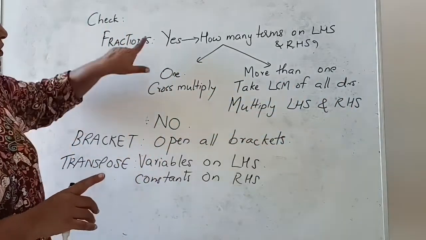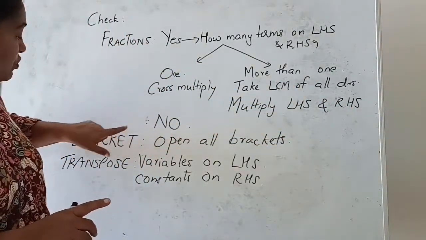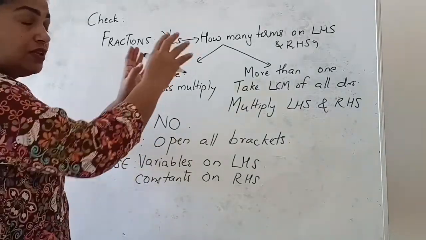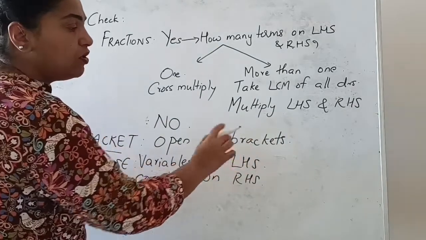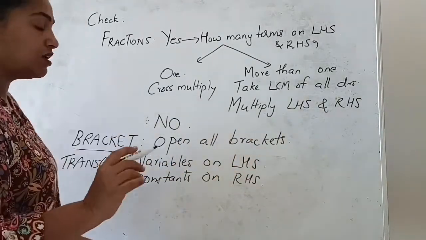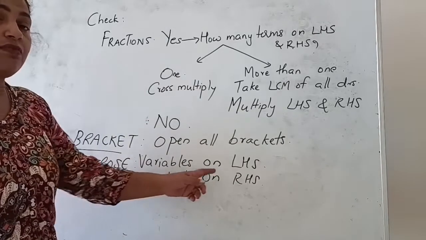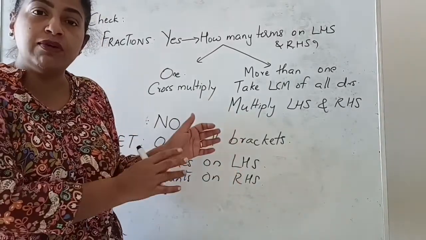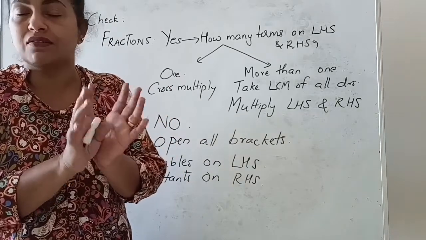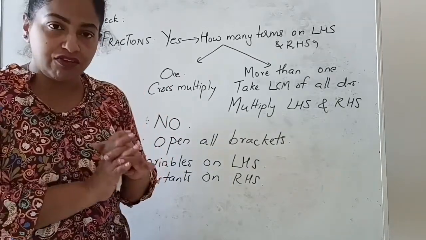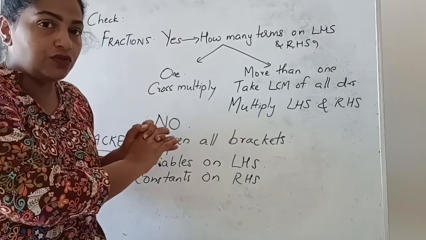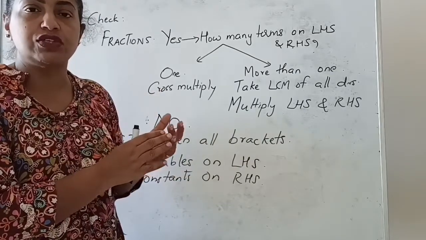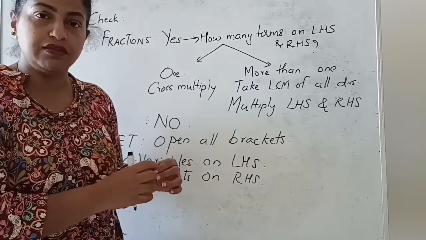Okay. Now, suppose there are no fractional terms. You move on to step 2. Bracket. After doing those steps, you have to open all the brackets. Now the third step. Transpose the variables to the LHS and constants on the RHS. Shift your variables to the LHS and constants to the RHS after minding the signs and then solve. I will explain to you this method in detail by doing multiple sums so that you get a better understanding of this particular method. Okay.